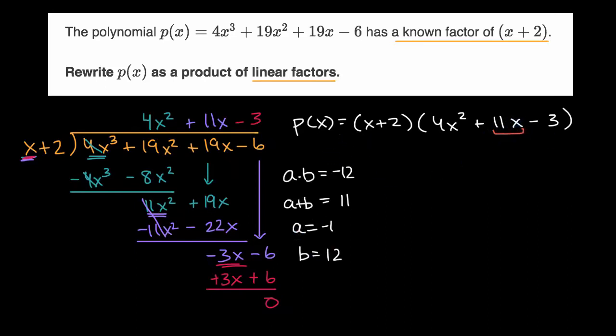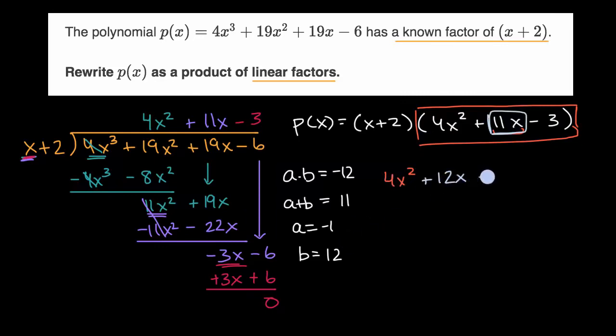So let's just focus on this part right now, and then I'll put it all back together at the end. I can rewrite all of this as 4x squared, and instead of writing the 11x there, I'm going to break it up as a 12x, so plus 12x, and then minus 1x. Notice these two still add up to 11x. And then I have my minus 3.